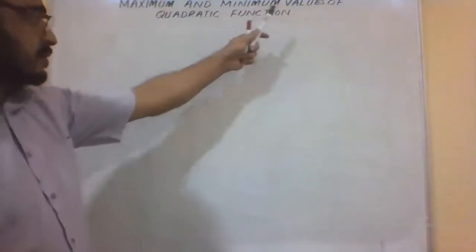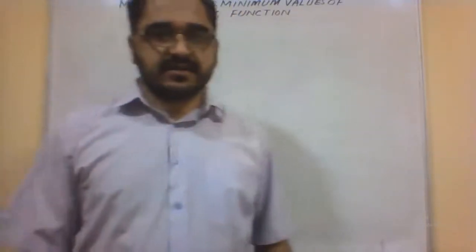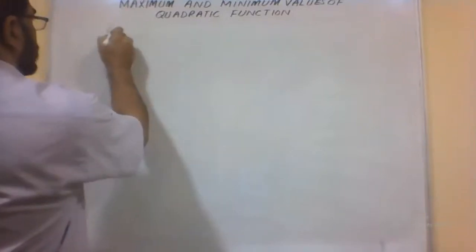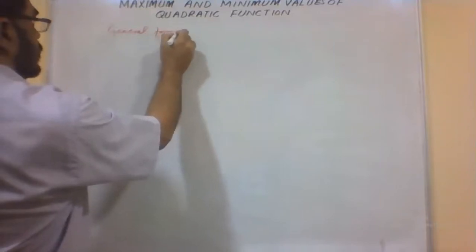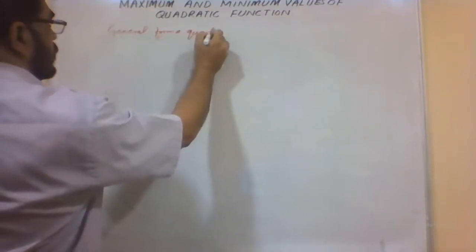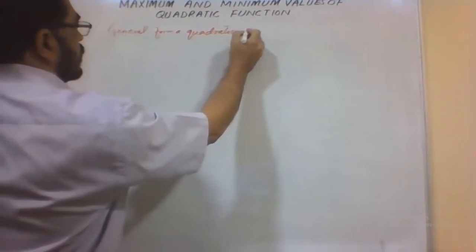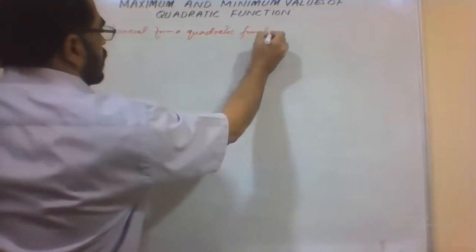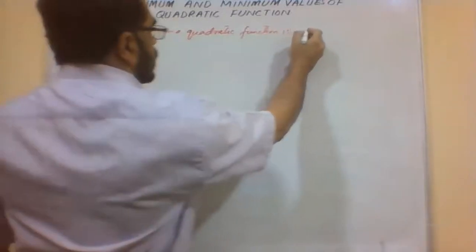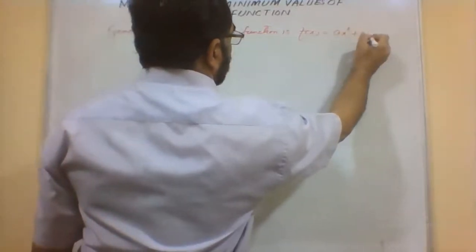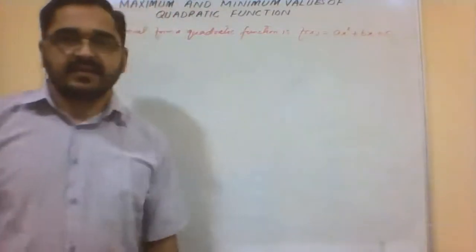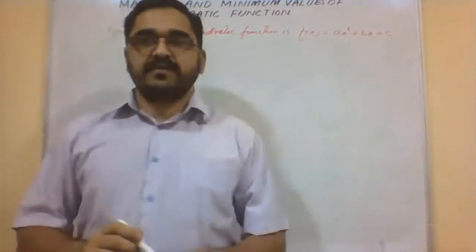The general form of a quadratic function is f(x) equal to ax square plus bx plus c. This is the general form of a quadratic function.